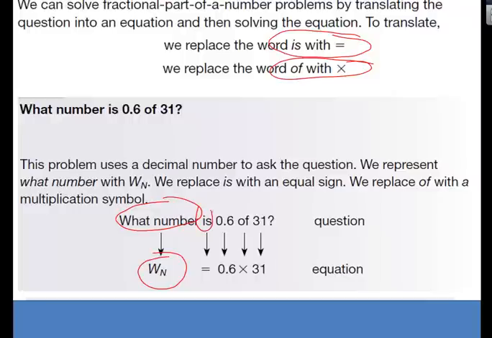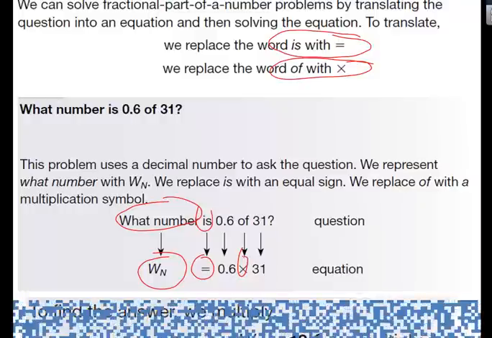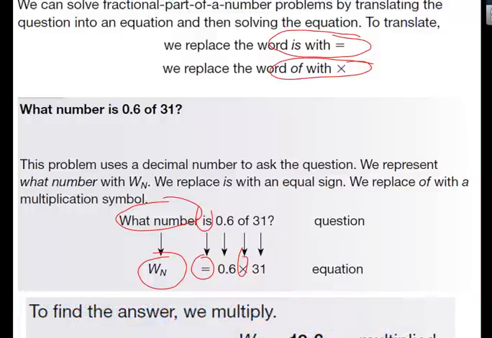Here's our is, we change it to an equals, we bring down the 0.6, we change our of to a multiplication, and we bring down our 31. Now it's just a simple case of timesing 31 times 0.6 and coming up with our answer of 18.6. So what number is 0.6 of 31? That number is 18.6.